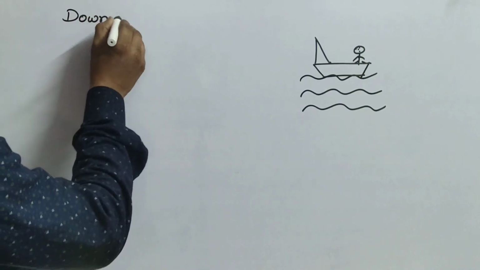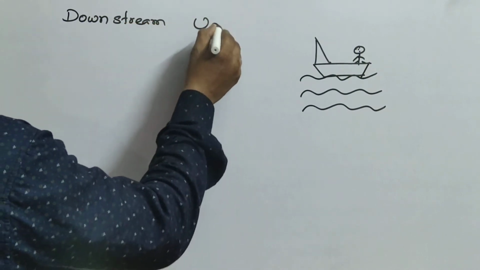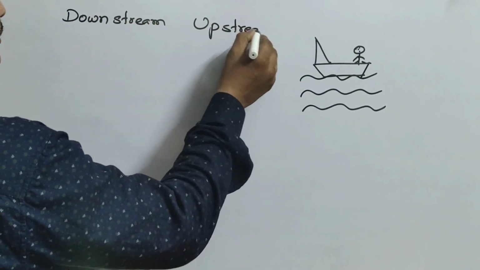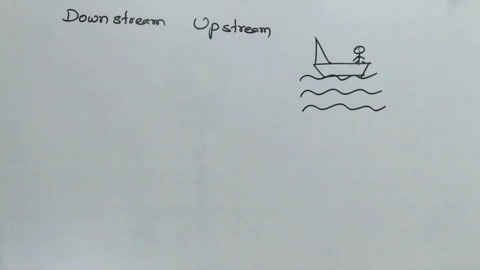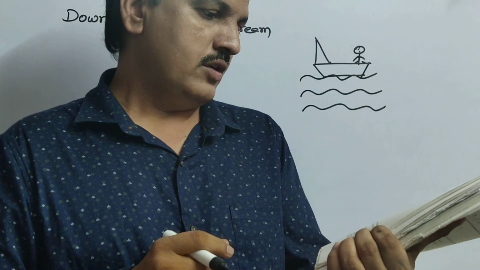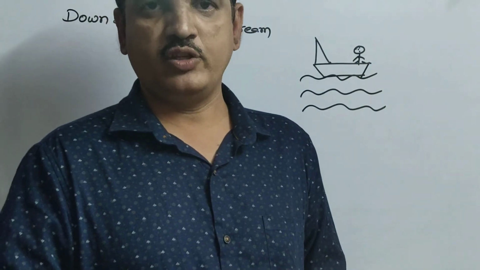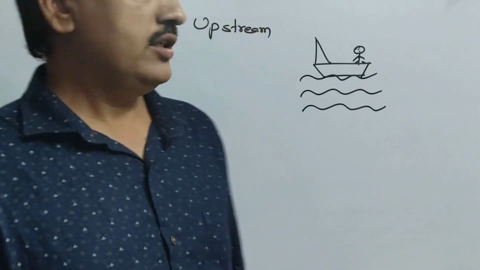Downstream and upstream. So before that, you should know what is the speed of the rowing in still water and speed of the current. What are these actually? Okay, listen very carefully.